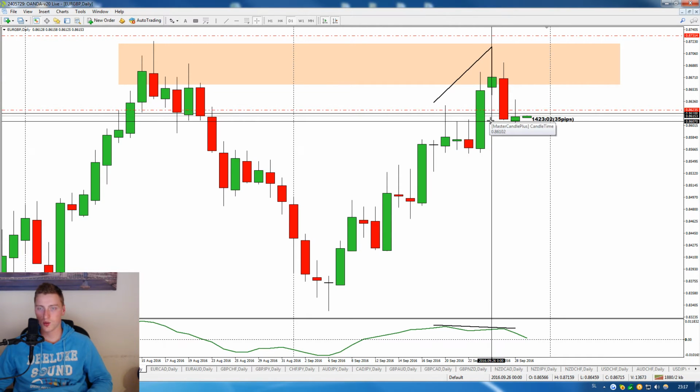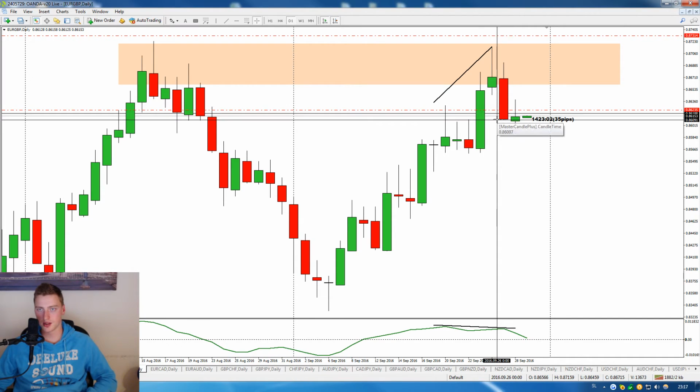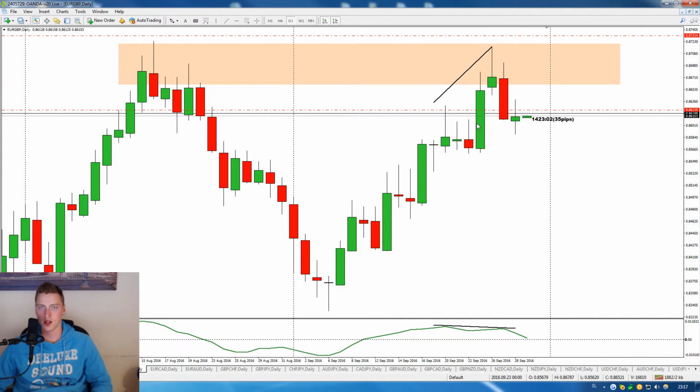So why I didn't put a sell stop order, so a sell stop below this candle, is because there is a 99% chance that price will make these 3-4 pips.